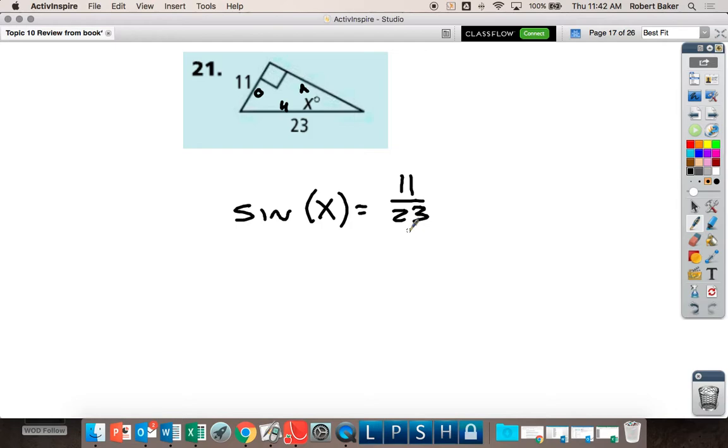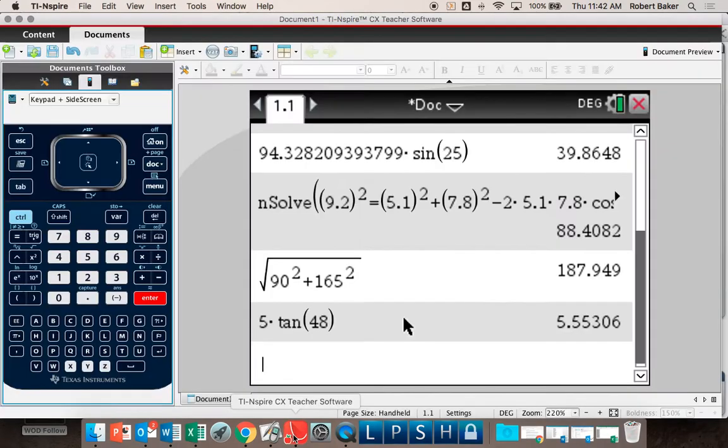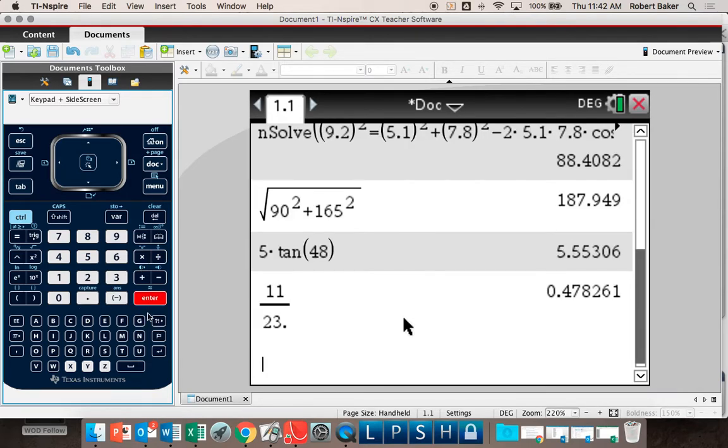So when you're solving for the angle x, you have to move sine over here. If you had a smartphone and you want to try this at home, you could do it kind of like this: 11 divided by 23, and then you could divide it by sine.